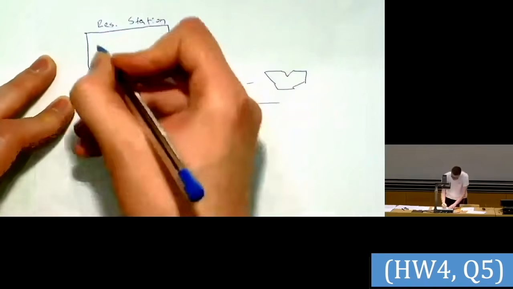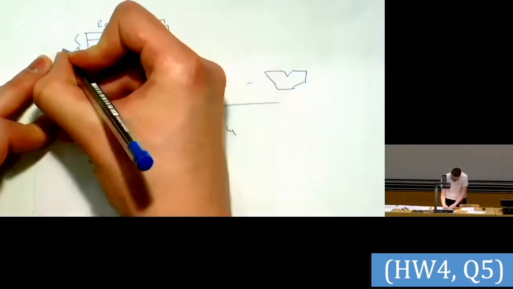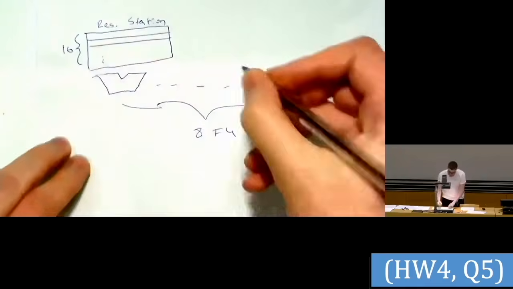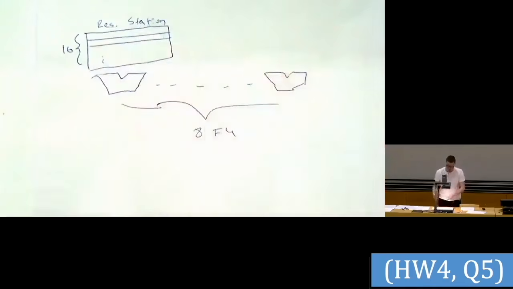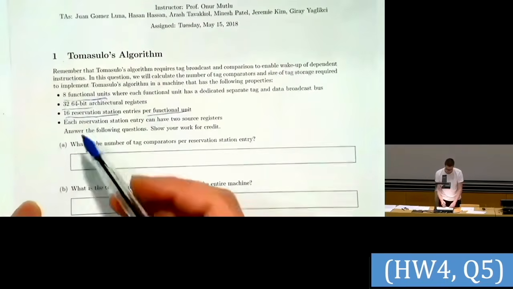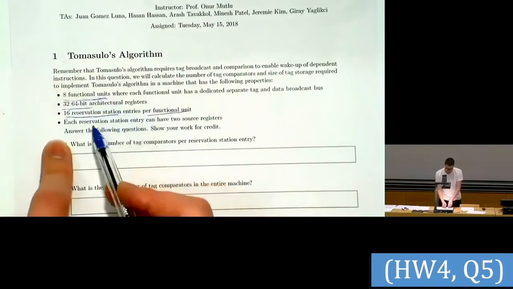And we have 16 entries per reservation station. And there are as many reservation stations as functional units, right? So this is what the question told us so far. And also there are 32 architectural registers.